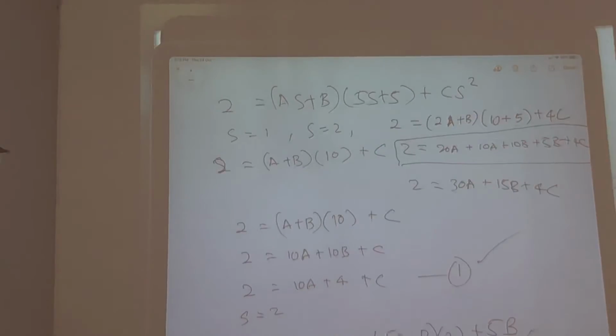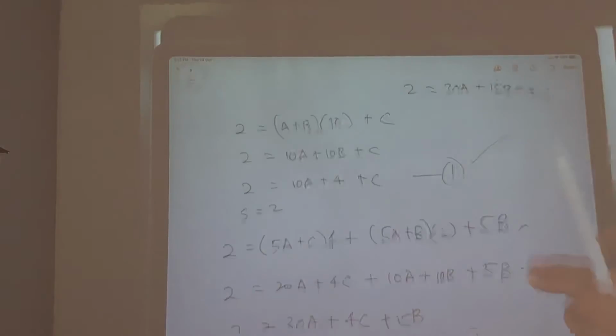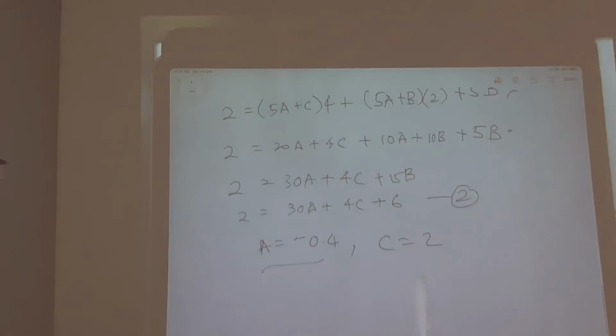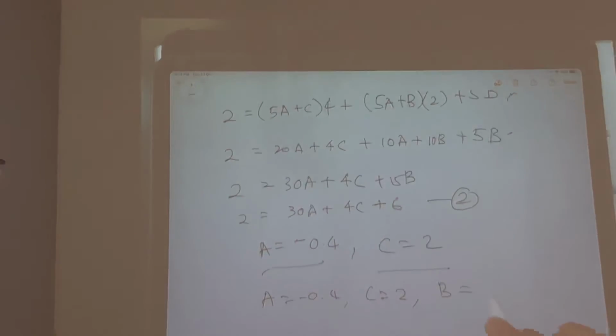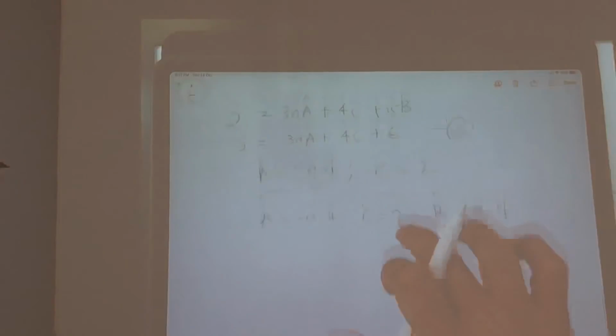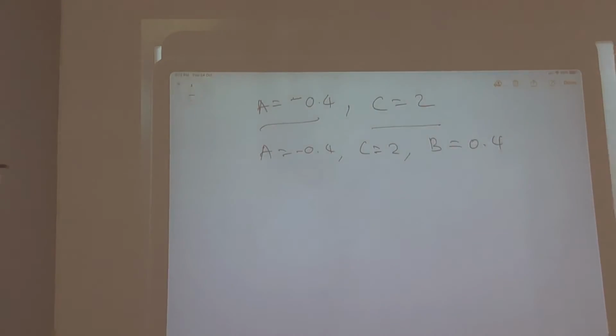Anyway, what you want to do is, okay, somehow you need to find a, b and c. So what I have is a equal to minus 0.4, c equal to 2, and b equal to 0.4, right? And this one, I need to sub it back to my original equation. The original equation I have is this one, right?